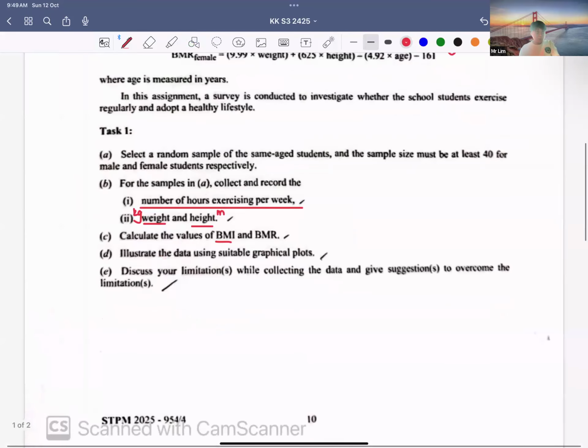Calculating BMI and BMR is done later in your file. Once you have collected a Google form, you can make it become an Excel file. I believe you know how to do that. I am not the one who collected the Google form; I requested it from somebody else, so I only have the Excel file.